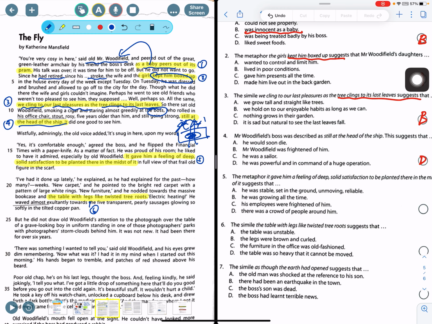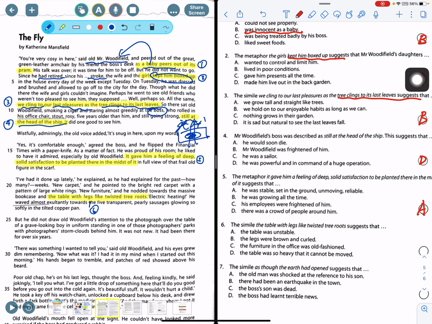So what does it mean when you have a deep feeling of solid satisfaction to be planted there? It means that you're basically a very important person over there. No one can replace you. So this is A. Because you're planted there, you're a tree planted there. So your position over there is pretty solid. That goes to number 6.